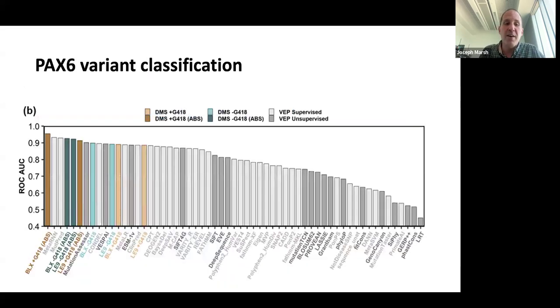And also what we found is that if we compare these experimental fitness measurements to existing variant effect predictors, so these tools for scoring variants, we found that actually our experimental measurements are better, or at least competitive with all of the best variant effect predictor methods.